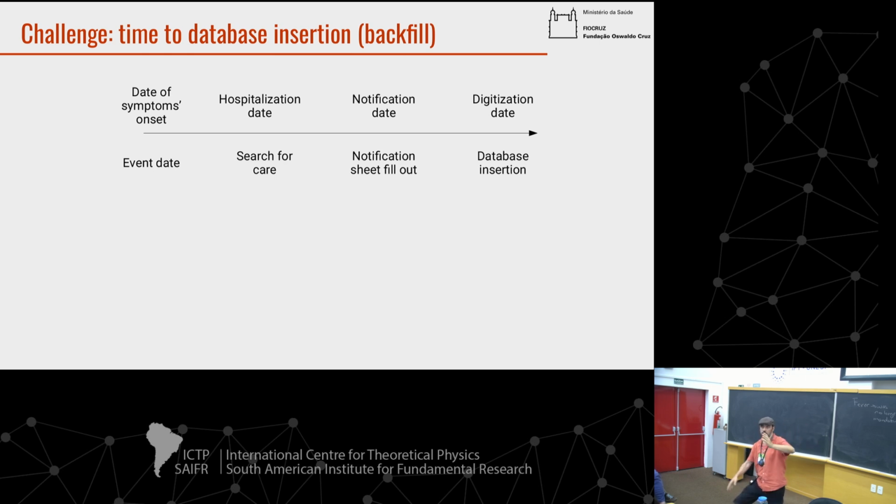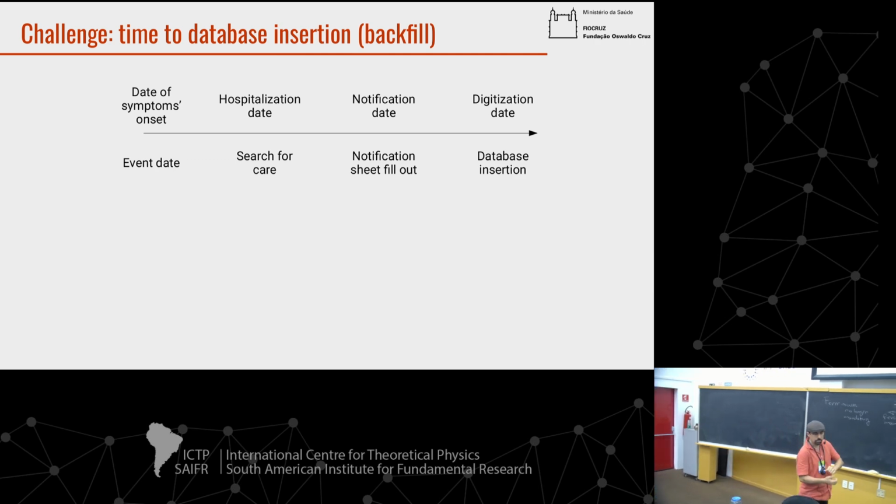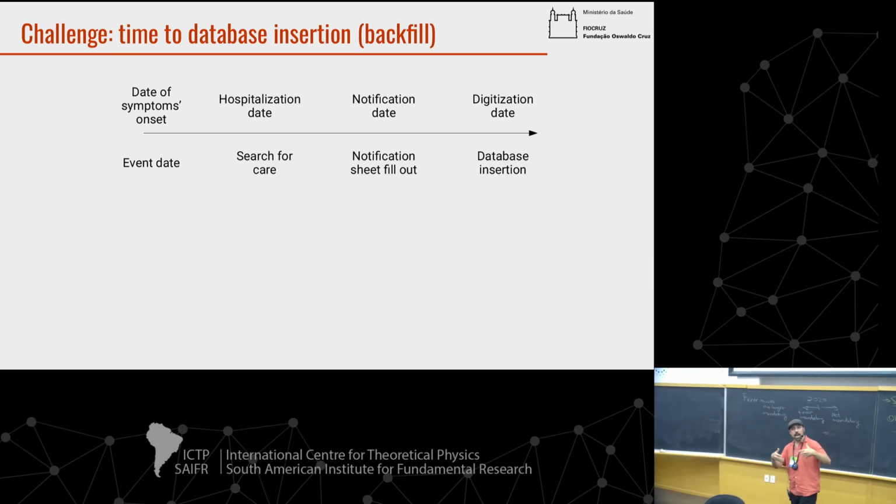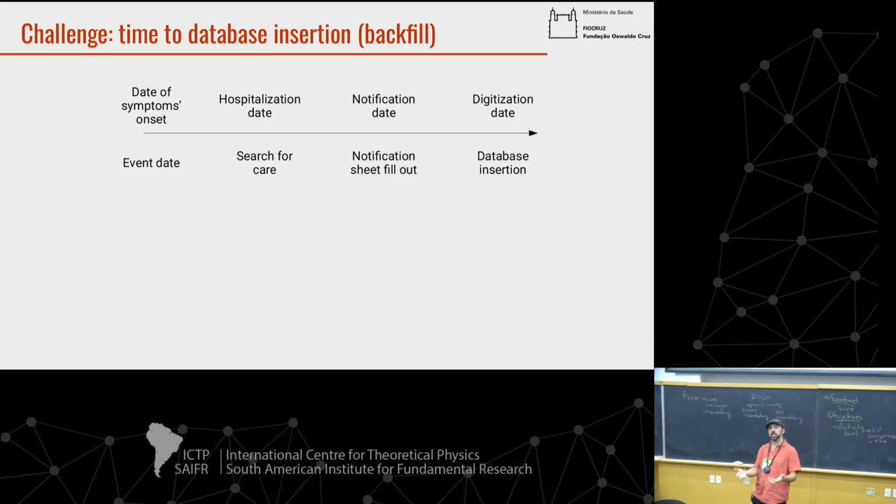But even for those that do seek medical care, there will be the time difference between onset and medical attention. This is already one delay. Now, from the day that the individual seeks medical attention and is identified as a suspect case for whatever, there is a process of reporting that case, right?